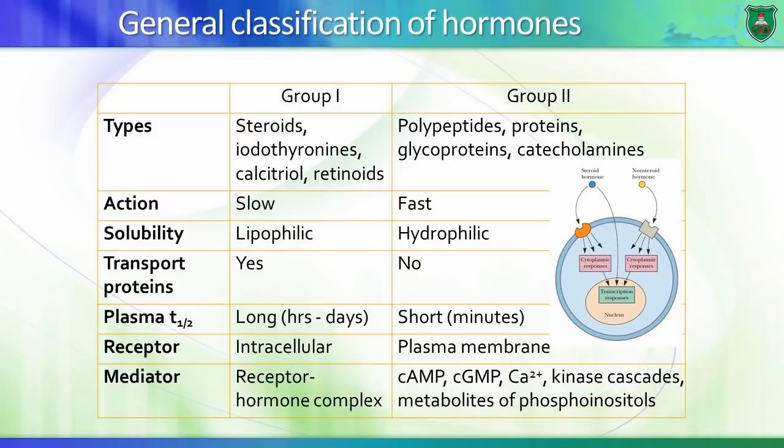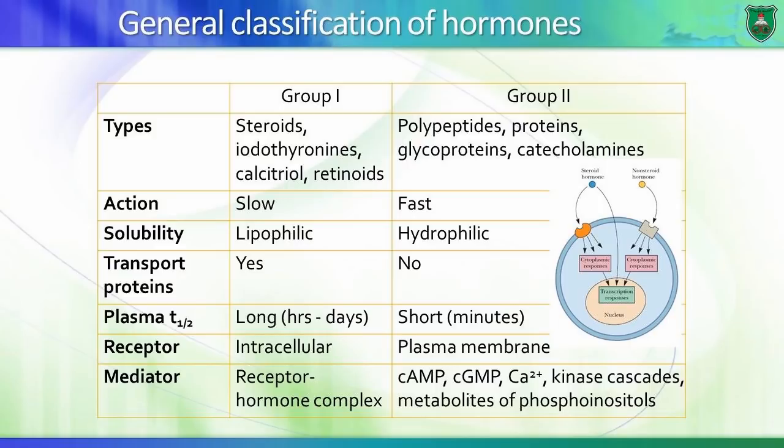Now, there are differences among these different types of hormones. In terms of their action, the lipophilic hormones act very slowly compared to the second group, the hydrophilic hormones. The reason is that these group 1 hormones, the steroid hormones or the thyroid hormones, are slow because their action is genomic.